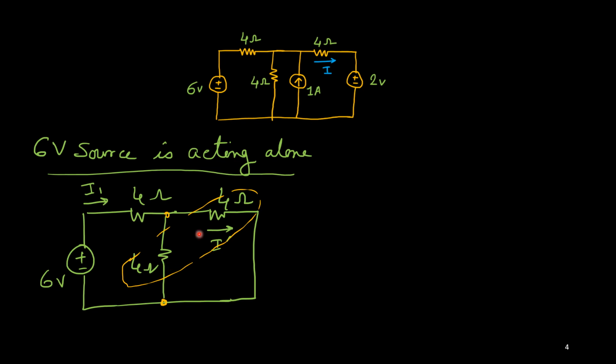Means this 4 ohm, 4 ohm, they are parallelly connected, and the parallel combination is 4 into 4 upon 4 plus 4, which is 16 by 8, right? That is equal to 2 ohm.